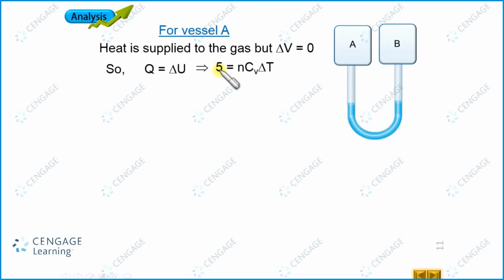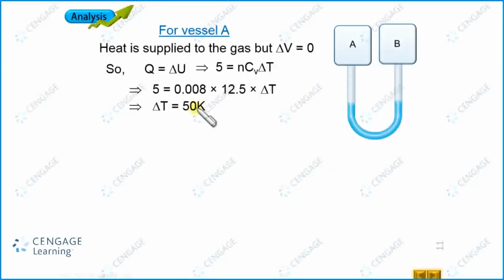So we can write 5 equal to n CV delta T. n we know, CV we know, so we can find delta T. Substituting, we get delta T equal to 50 Kelvin. That means the temperature will increase. Initial temperature was 300 and delta T is 50, so the final temperature is 350.